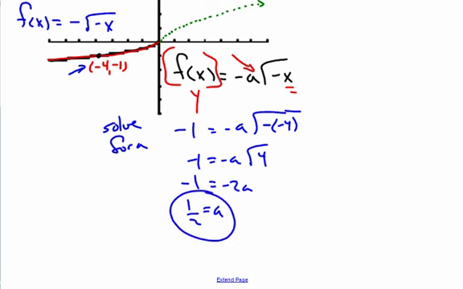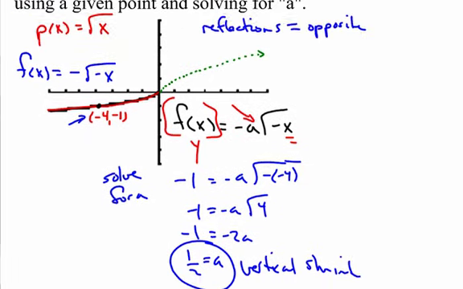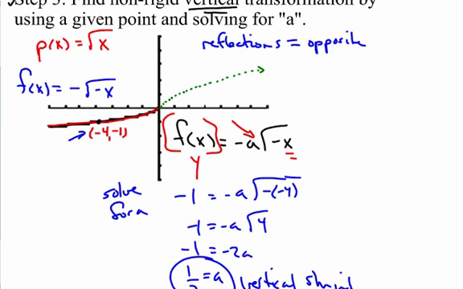So we do actually have a vertical shrink. So this graph is a little bit skinnier. So we're going to plug that into our equation up here. And so our final answer for the equation of this graph, the square root transformation, is going to be -1/2 the square root of -x.